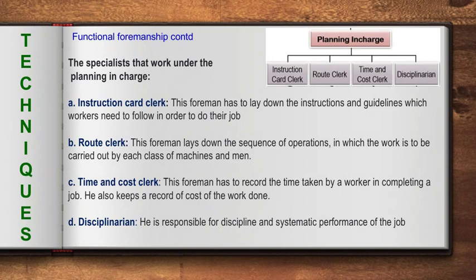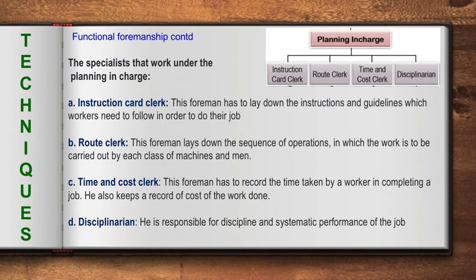Now let's look at the 4 people who are under the planning in charge. First of all, let's understand the meaning of planning in charge. A planning in charge is responsible for the formulation of policies, strategies, and procedures of the operational activities.